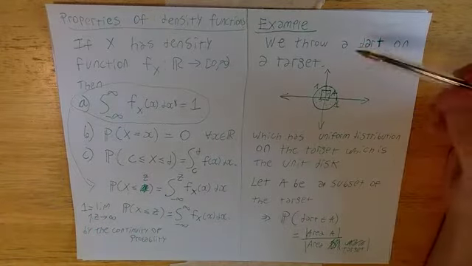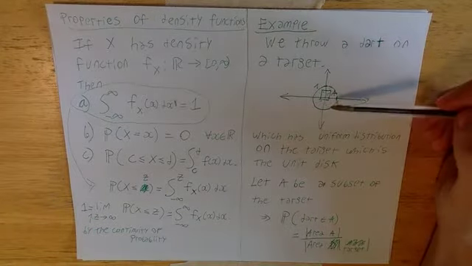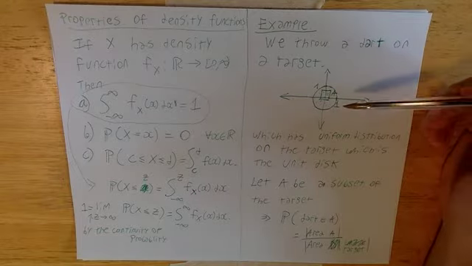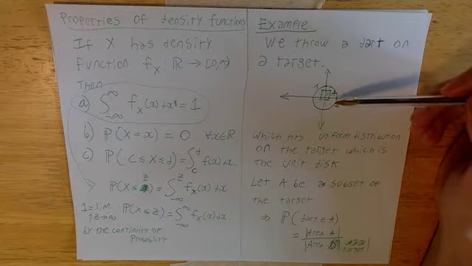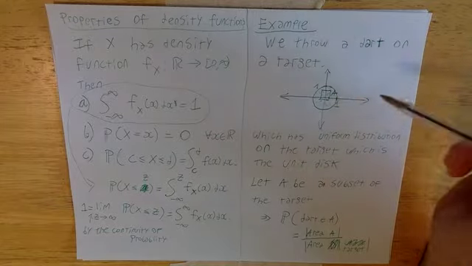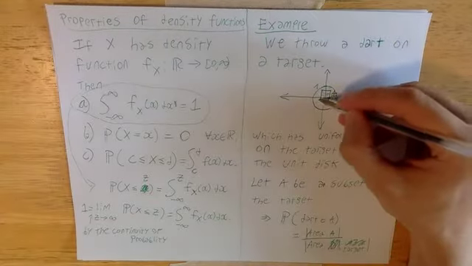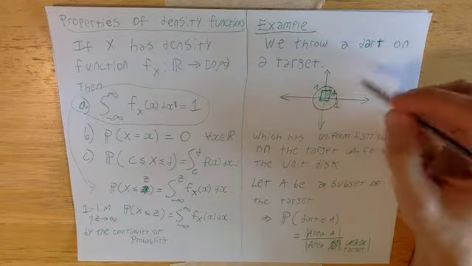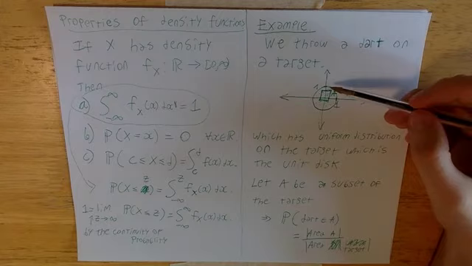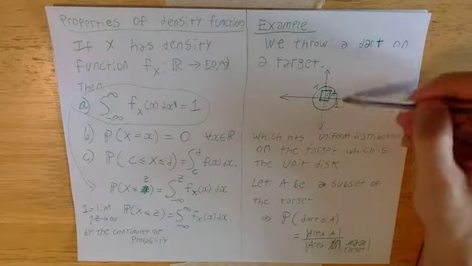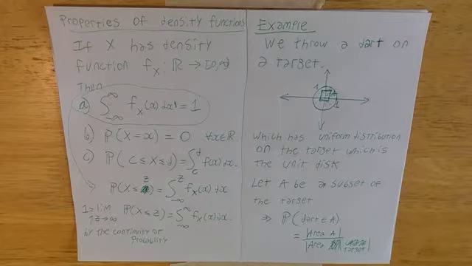In particular, if we want to calculate the probability that the dart will land in a particular spot, this is similar to the example we saw before. The probability that the dart lands in a specific spot is 0, but the probability that it lands in a particular area is given by the normalization of this area with respect to the area of the whole target. Okay, so what would be a random variable?